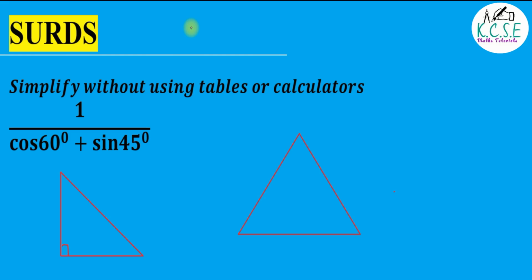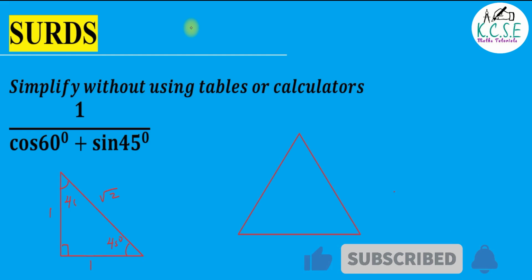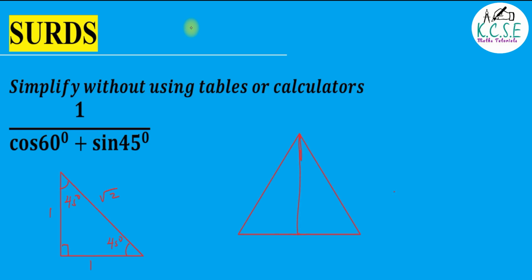Now, this is side 1, this is 1, this will be root of 2. This angle is 45 degrees, this one is 45 degrees. We can divide the equilateral triangle exactly at the middle, sorry this line is not very straight, so that you have 1, 1, and that is 90 degrees.